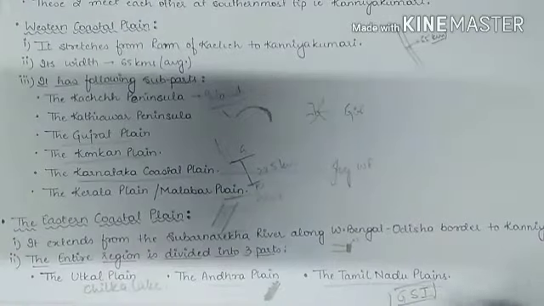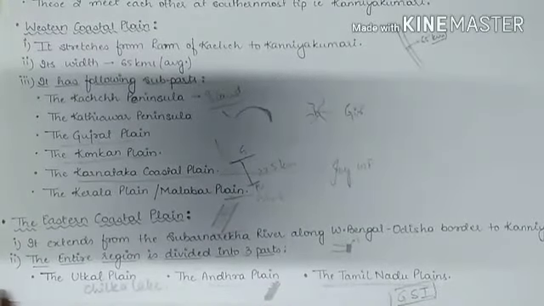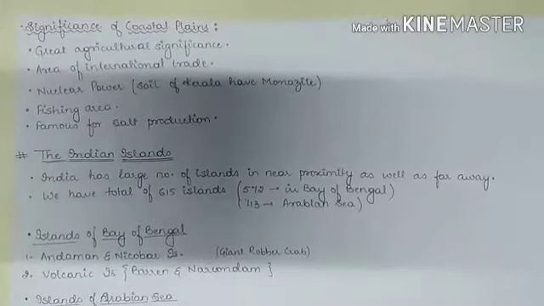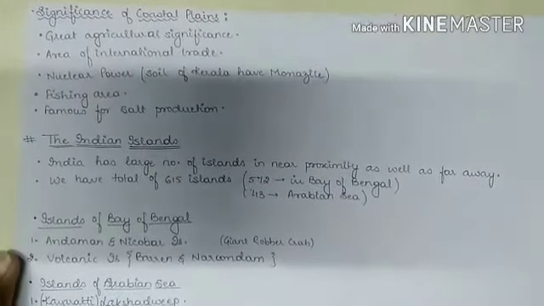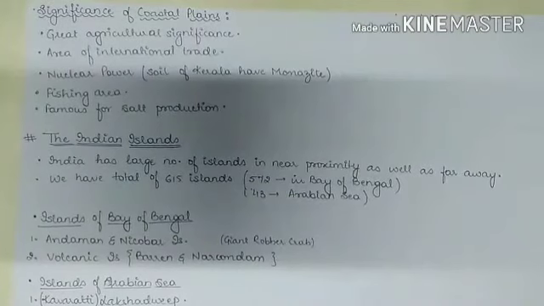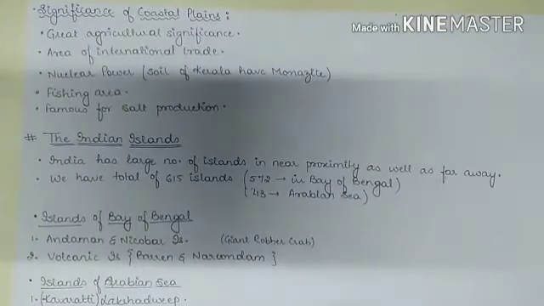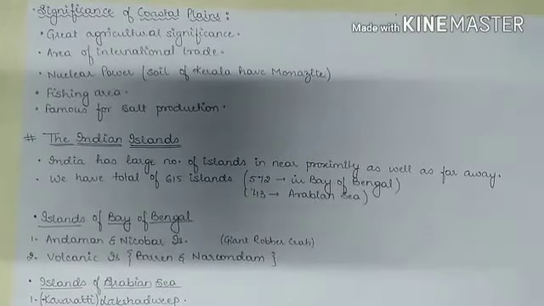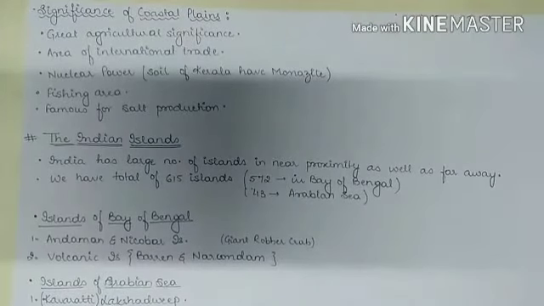Now that we have done the coastal plain, now we will look into the significance of coastal plains. So the coastal plains have great significance. The large part of the coastal plain is covered by fertile soil on which different crops are grown. Rice is the main crop of this area.